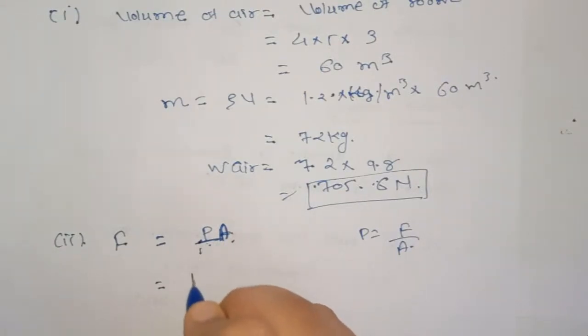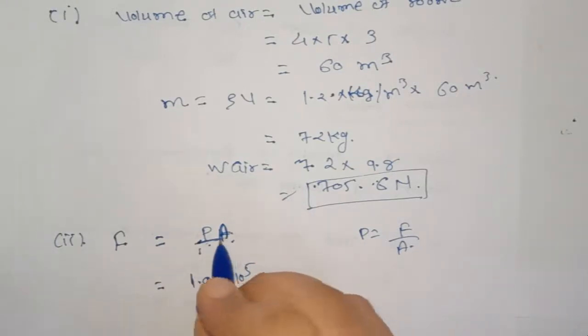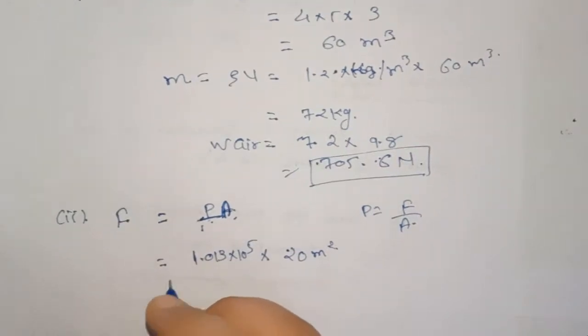The atmospheric pressure is 1.013 into 10 power 5 Pascal or Newton per meter square, and the floor area is 4 into 5, that is 20 meter square. So the force will be approximately equal to 2 into 10 power 6 Newton.